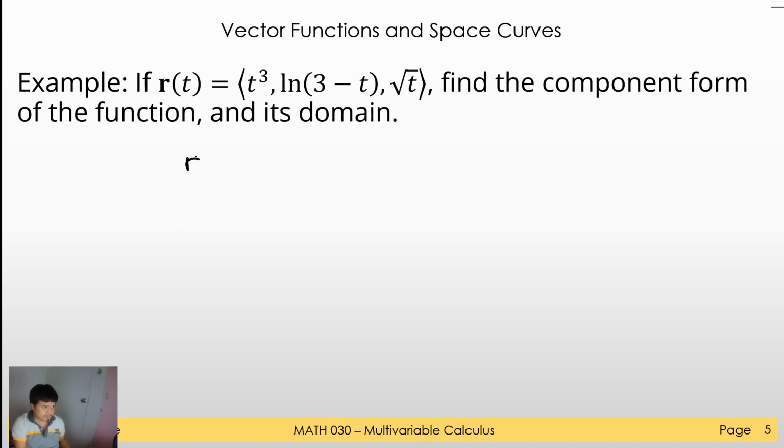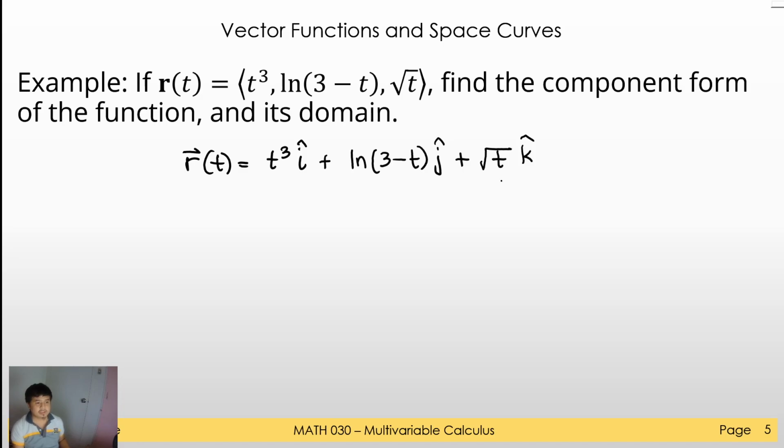So, instead of r of t is equal to this, we can also write it in its component form, wherein we have the i, j, and k unit vectors. So we have t cubed i hat, and then ln of 3 minus t j hat, plus square root of t k hat. That is the component form of the function.